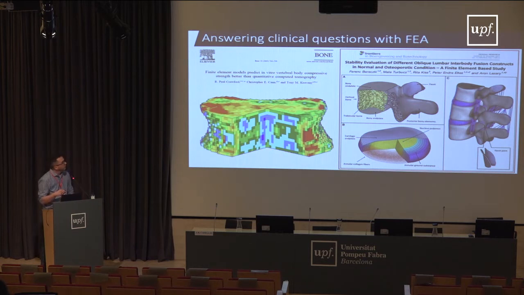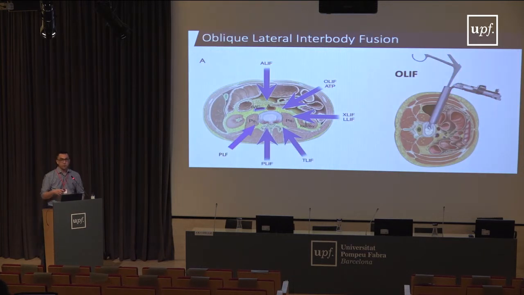For example, to answer that, we developed a two-segment model with full of these discs and ligaments and so on. And there is another procedure, the OLIF procedure. There are a lot of acronyms in spine surgery. The OLIF means oblique lateral interbody fusion. So we are doing a fusion procedure between the vertebral bodies, but we reach the disc from an oblique way through the retroperitoneal space.